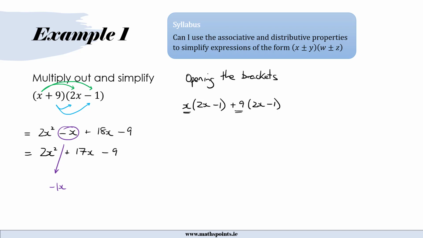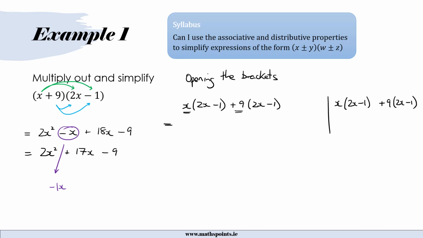A lot of people, when they're doing this sum, if I just write it over here, the first thing they do is open the brackets. They write x plus 9 opened up like that. And then you multiply the x and the 9 by the other bracket, 2x minus 1. If you get good at them, obviously you don't need to open them up like that all the time. You can just say x on 2x minus 1 plus 9 on 2x minus 1.